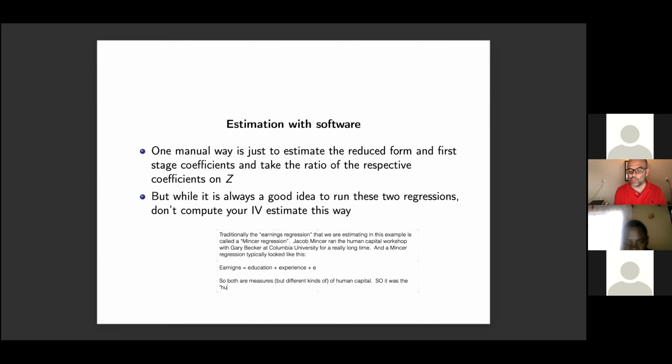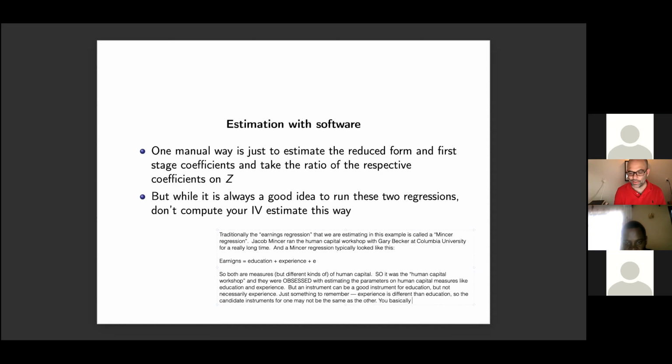They were obsessed with estimating the parameters on human capital measures like education and experience. But in our earlier example, an instrument can be a good instrument for education, but not necessarily experience. Just something to remember: experience is different than education. So the candidate instruments for one may not be the same as the other. You basically have to pick good instruments for each endogenous variable.